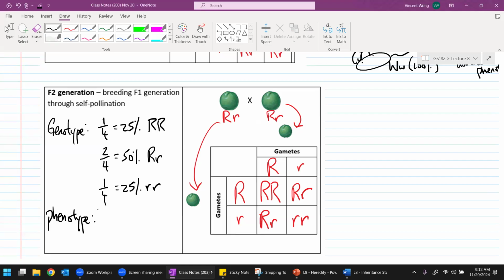75, that's right? It's 3/4, right? Because look, this is round, right? How about this one? Round. 25 plus 50 is 75% round. Okay. You can answer in percent or fraction, whatever is easier for you. And 25% wrinkle.